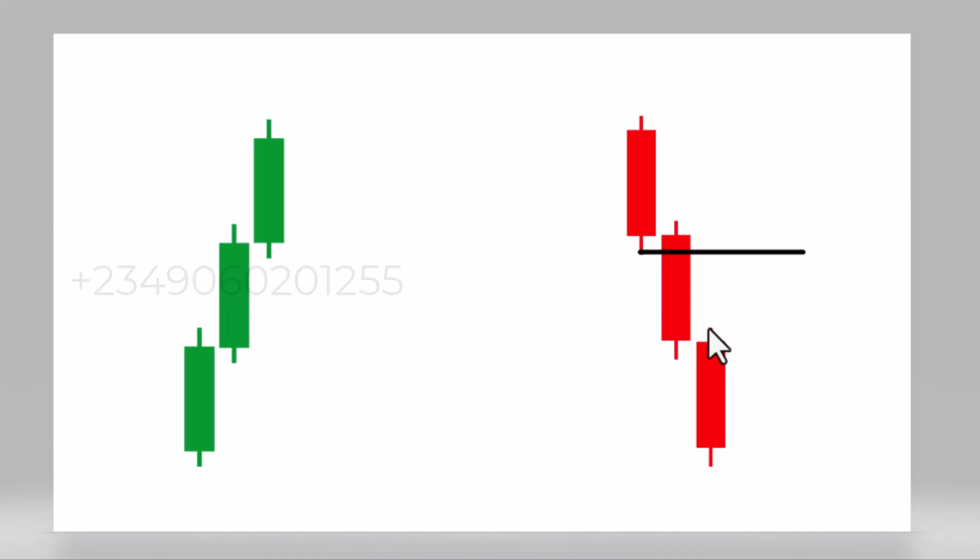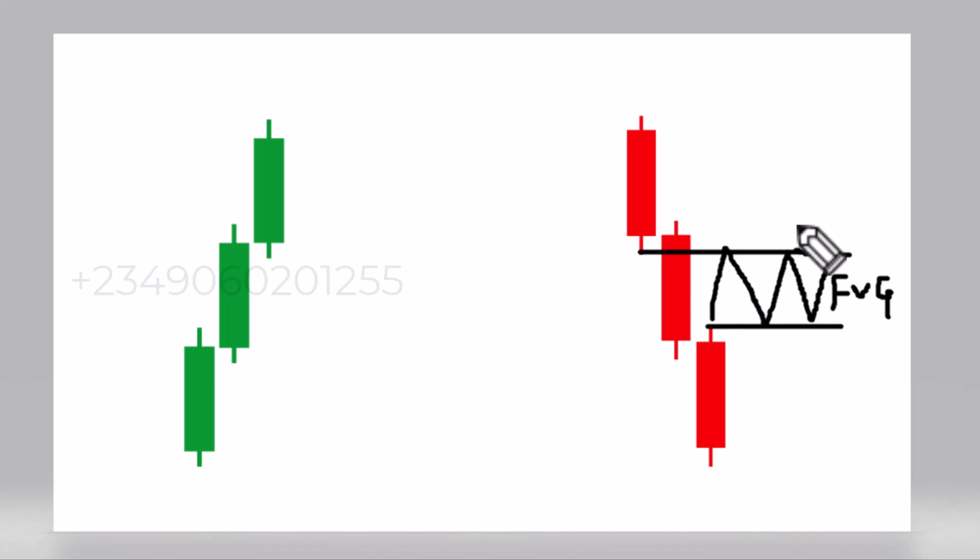Then mark the upper wick of the final, third bearish candlestick. The space between the upper wick of the third candlestick and the lower wick of the first candlestick, which does not push fully into the second candlestick, is what we call the fair value gap.